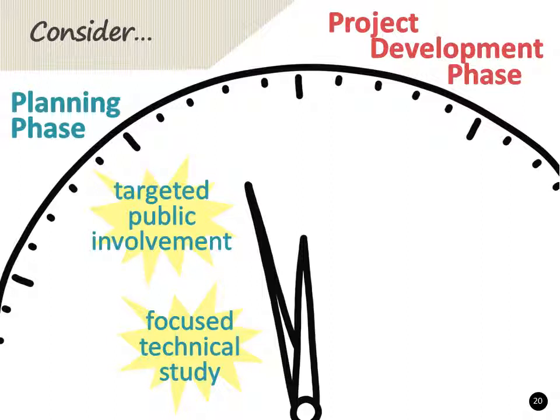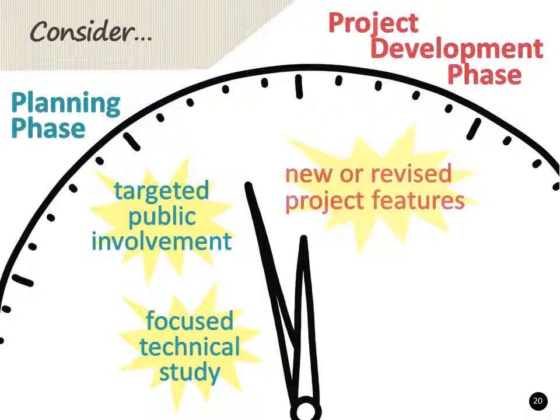If a potential dispute is identified in the planning phase, recommended approaches to resolving the dispute may be included in the SCE evaluation. In the project development phase, strategies may be in the form of new or revised project features or alternative project alignments that emerge from public outreach or technical study.